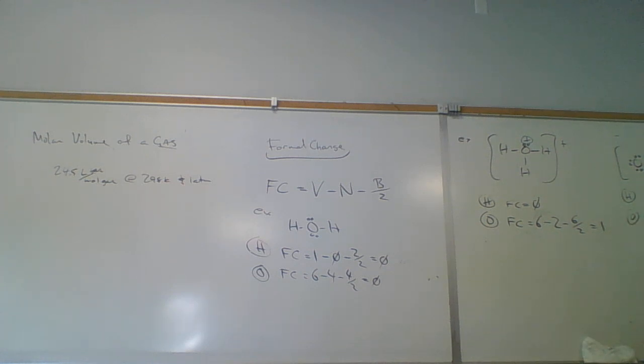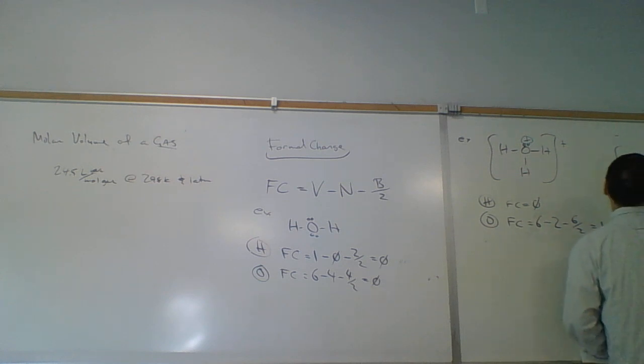Oxygen: the formal charge is equal to 6 minus 6 minus 2 divided by 2. So it comes out to -1. So the formal charge on oxygen is -1 or just minus.